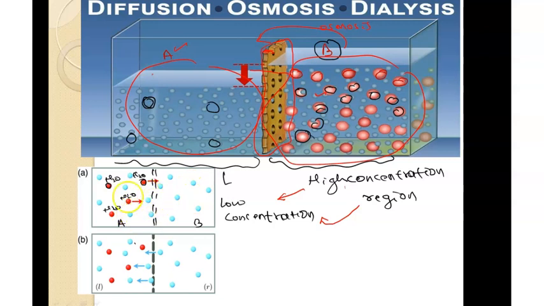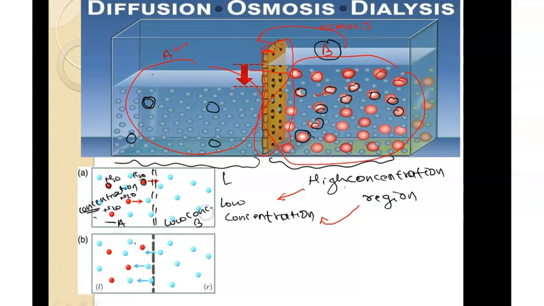Now what happens? A difference in concentration has been created. Cell A has a high amount of water, so it is a high concentration region, and cell B has a less amount of water, so it is a low concentration region.